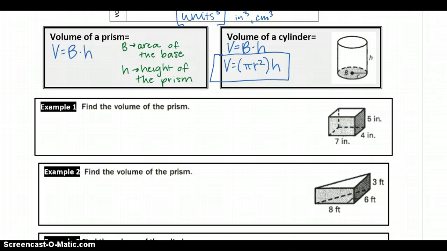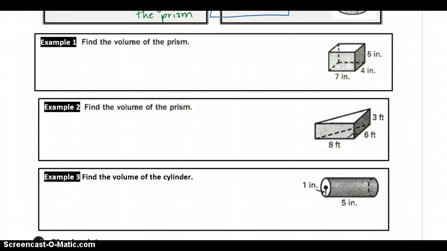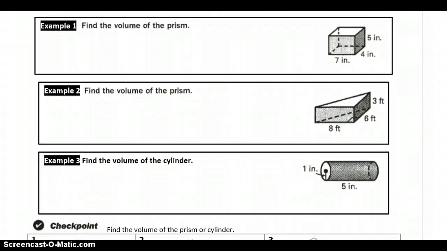So let's look at some examples using these two formulas for volume. Number 1, find the volume of the prism. So let's start off with our formula for the volume of a prism, which is V equals capital B times H. So we need to find capital B, which is the area of the base, and we need to find the height.